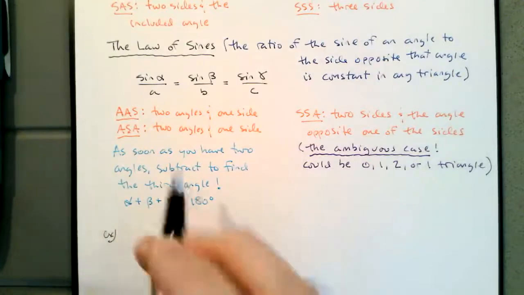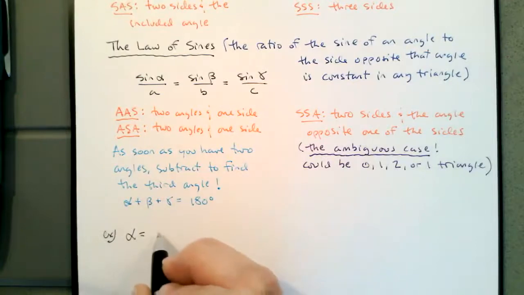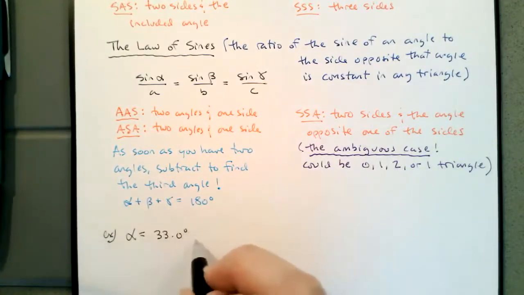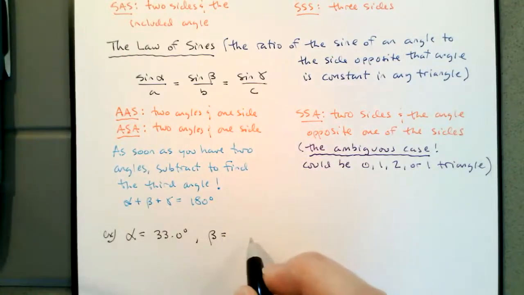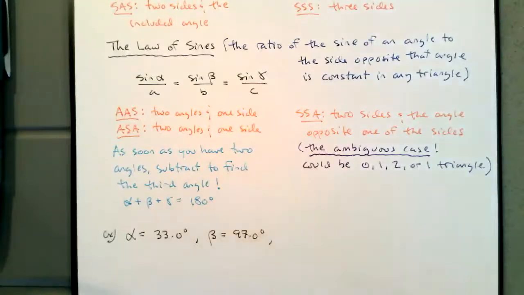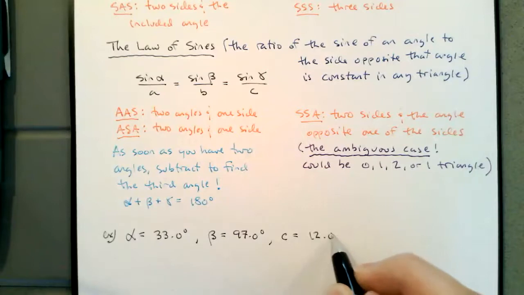Let's suppose alpha is 33 degrees, beta is 97 degrees, and side C is 12 centimeters.